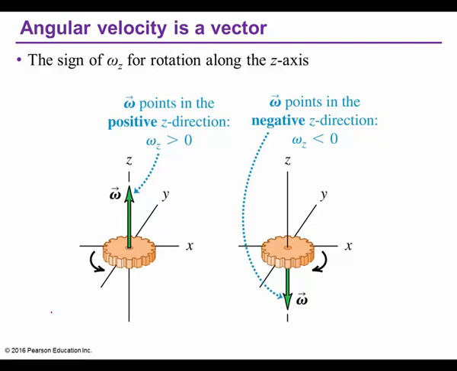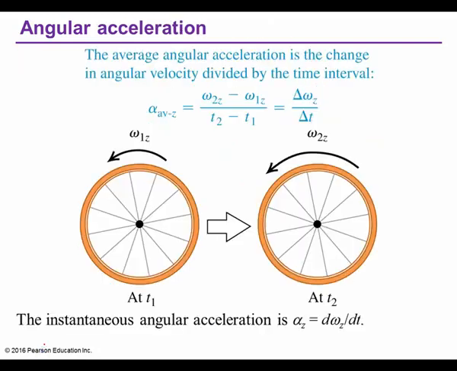Rotating counterclockwise, you should have positive angular velocity. If it's rotating clockwise, then it's negative. And again, this is just to show us how we find angular acceleration. Now, angular acceleration is what? The change in angular velocity. Gee, that looks just like this equation, doesn't it?